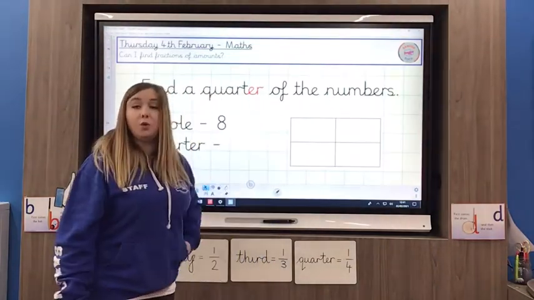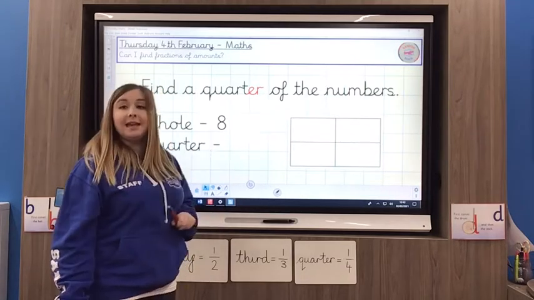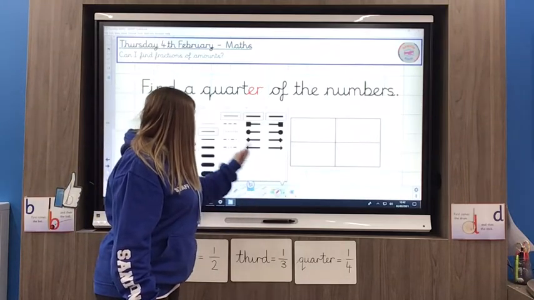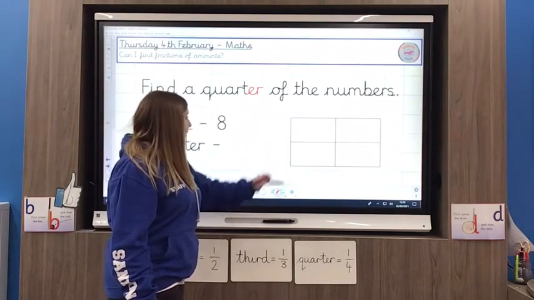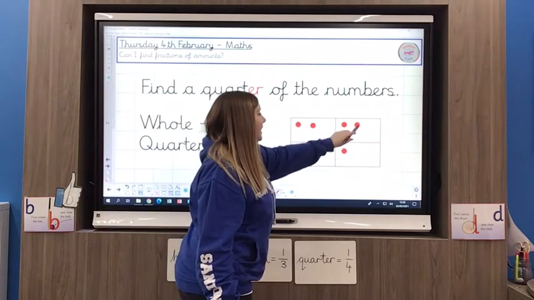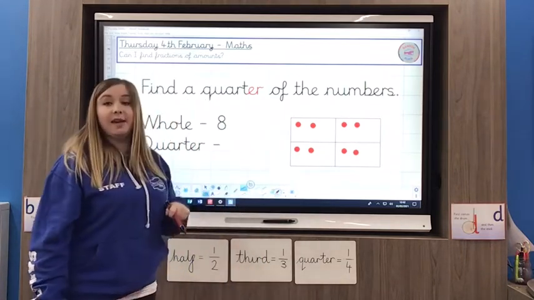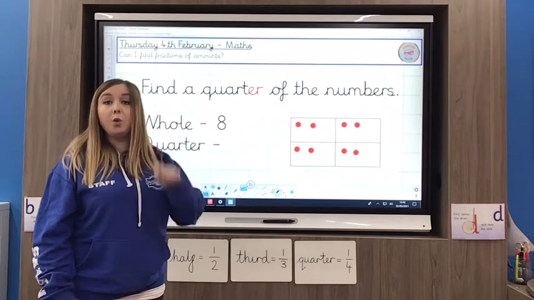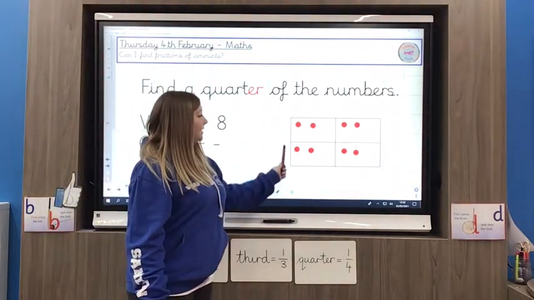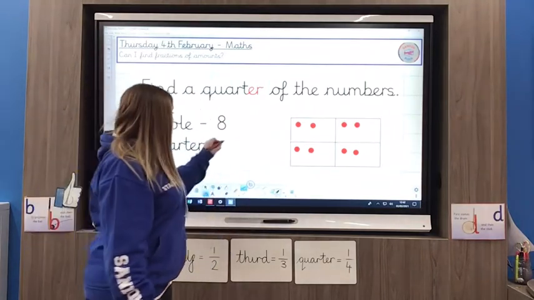And to find a quarter, I'm going to share 8 equally into my 4 groups. 1, 2, 3, 4, 5, 6, 7, 8. So who thinks they can figure out what 1/4 of 8 would be? You're just going to count the dots that are in one of these squares. So that's 2. Brilliant.